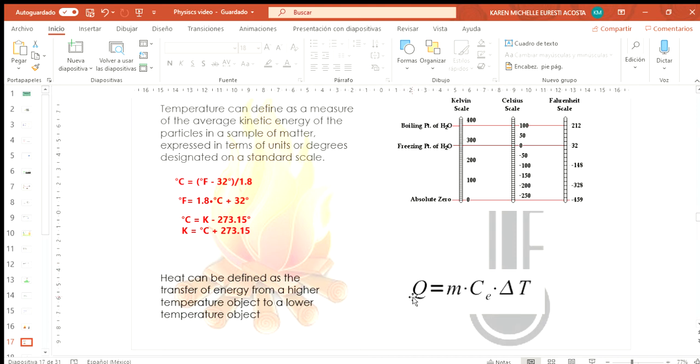We have the equation for heat. Q stands for heat, M for mass, C is for specific heat, and delta T, that is the difference of T final and T initial.